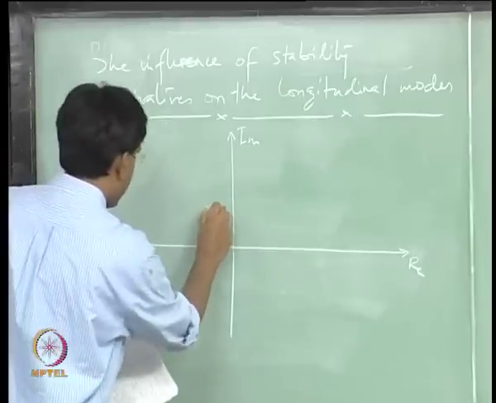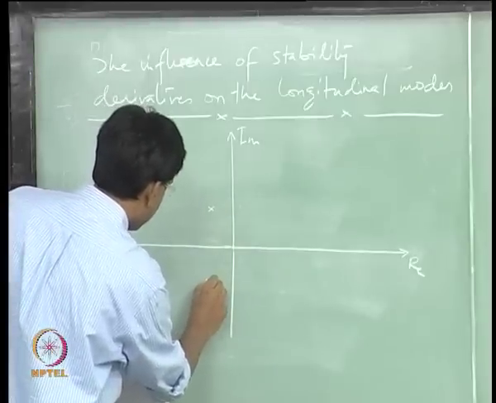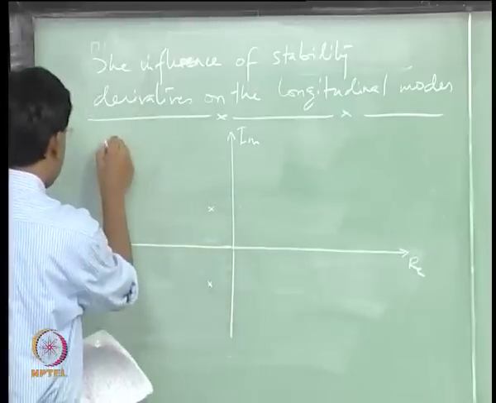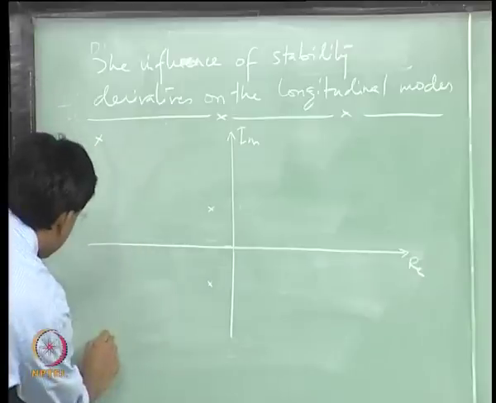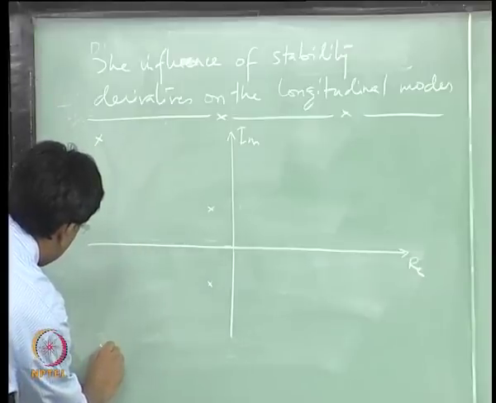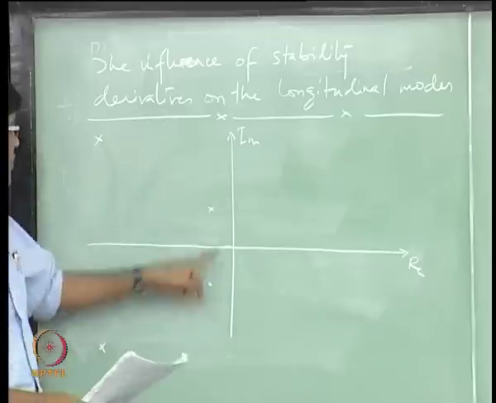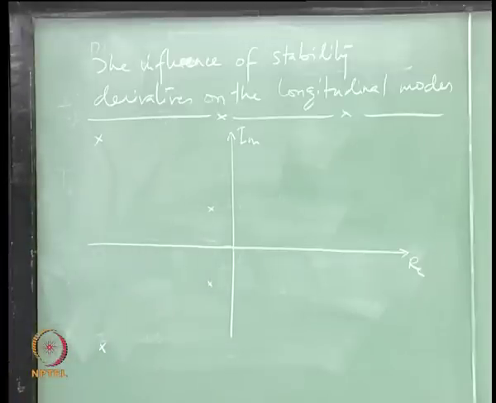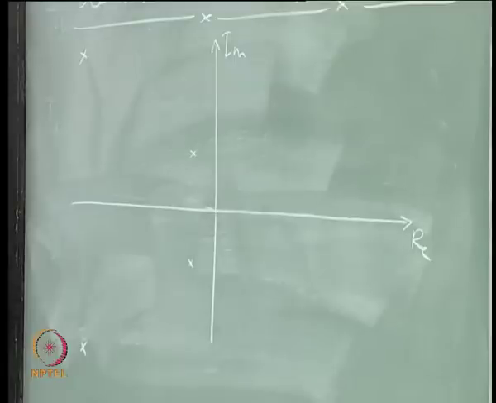So, to start with, my eigenvalues are located for the phugoid mode and short period mode, right, and we want to change the CG, right. So, let us see what is the effect of changing CG on the eigenvalues.